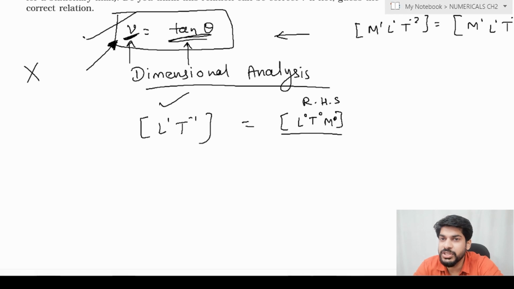If you want this equation to be correct, there should be some term related to velocity on the RHS also. This is our equation, v equal to tan theta.